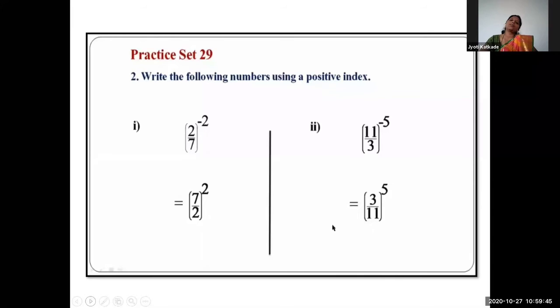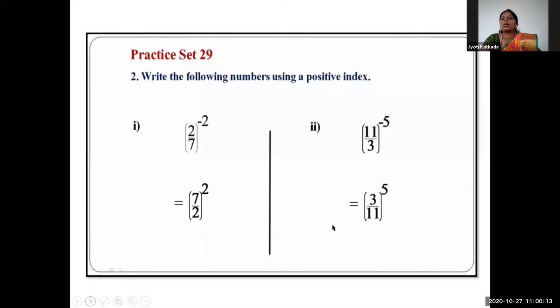And I think we have seen the rule, if a upon b bracket raised to minus m, then when we have to take positive index, then take a upon b is equal to b upon a bracket raised to plus m. In the same way, take 2 upon 7 bracket raised to minus 2, then we get 7 upon 2 bracket raised to plus 2.